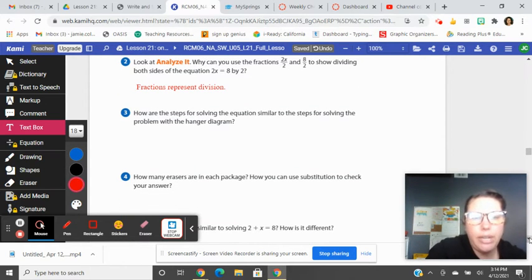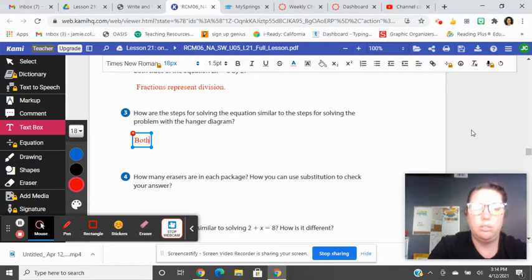Okay, number 3. How are the steps for solving the equation similar to the steps for solving the problem with the hanger diagram? I mean, it still broke it up into 2 groups, and that's kind of what we did too. So let's just write that.